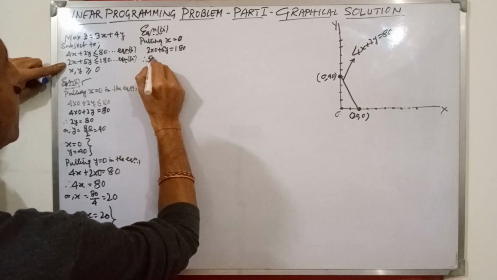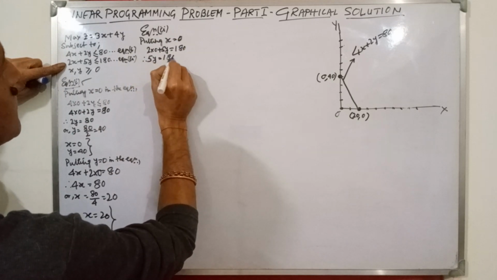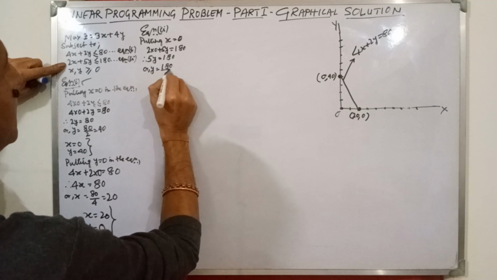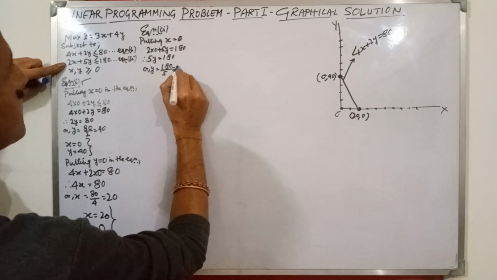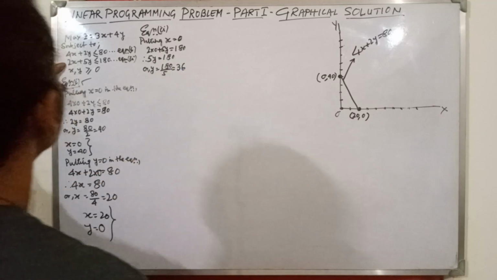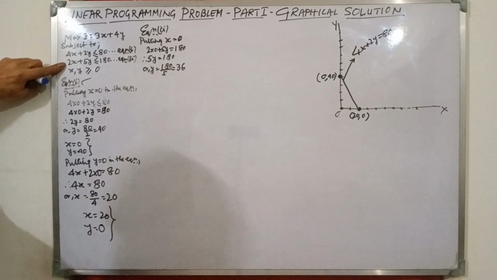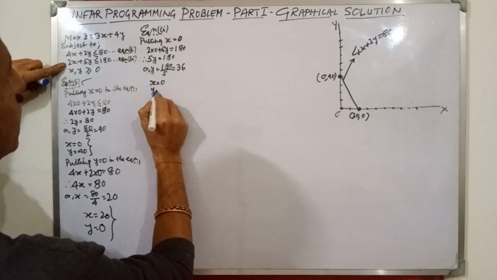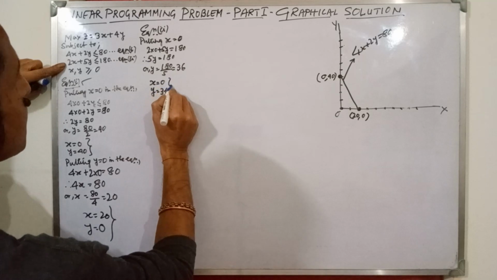Therefore 5y equals 180, or y equals 180 by 5, that is 36. So we get one set of values, that is x equals 0, y equals 36.